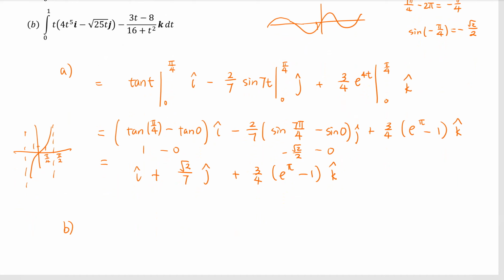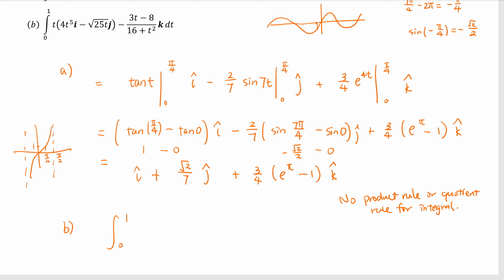So before you calculate, you will need to simplify it, right? Here we have t times something. Well, we don't have a product rule or quotient rule for integrals. So keep in mind, no product rule or quotient rule for integral.